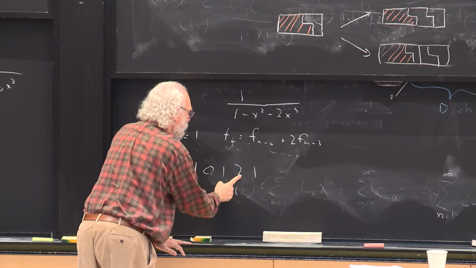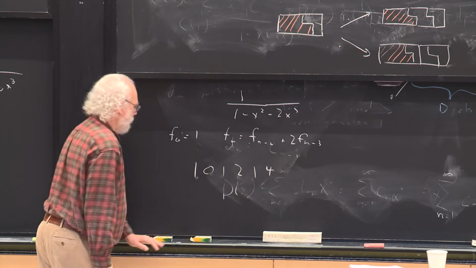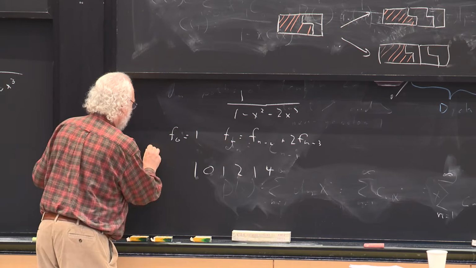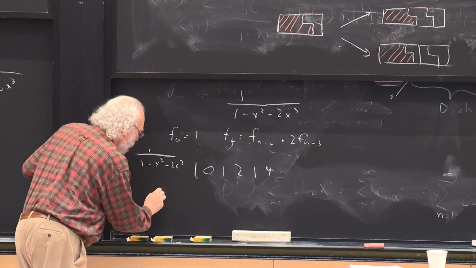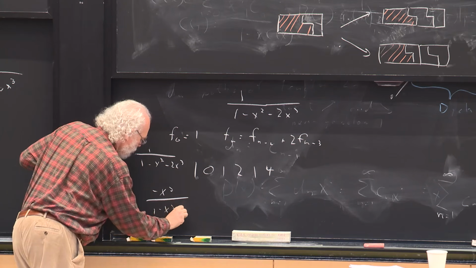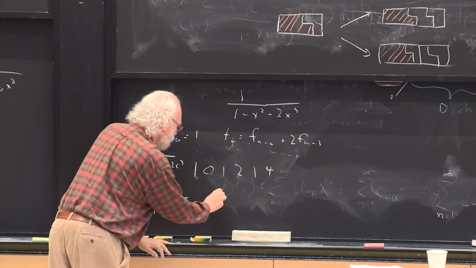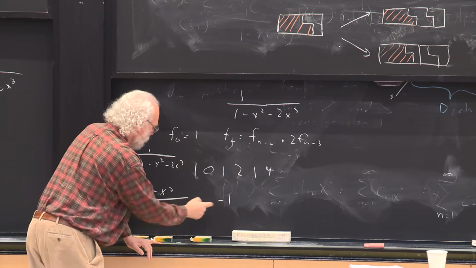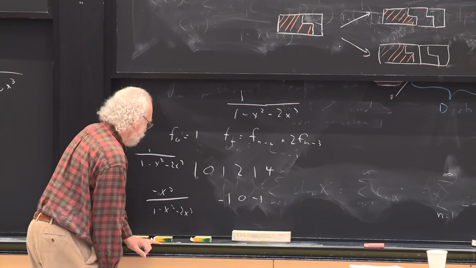F5 would be 2 plus 2, which is 4. So this is 1 over 1 minus x squared minus 2x cubed. But we also have minus x squared over 1 minus x squared minus 2x cubed. And this will give you a -1 here, and then 0, -1.